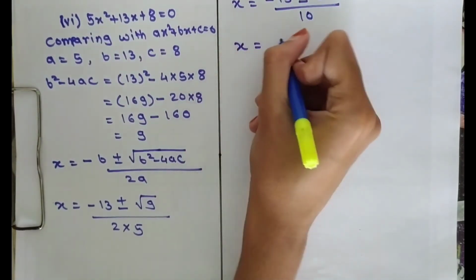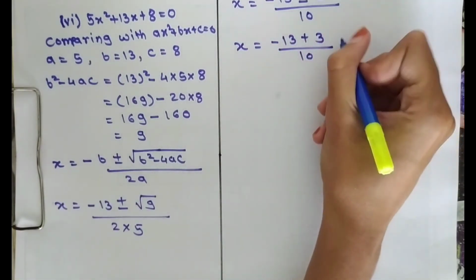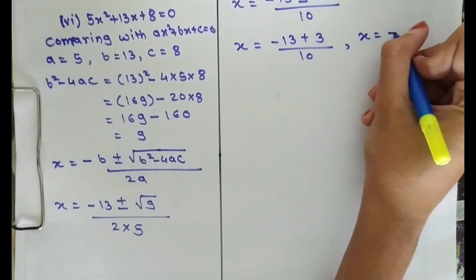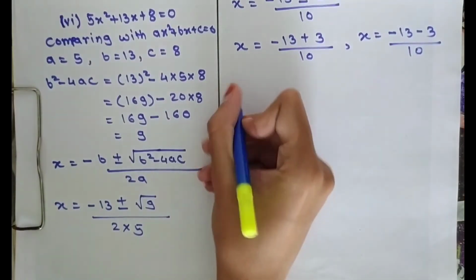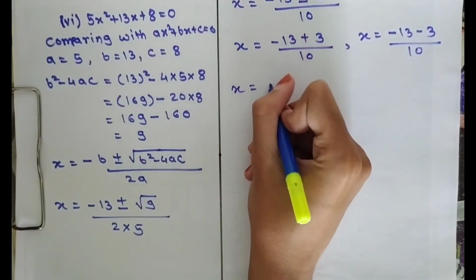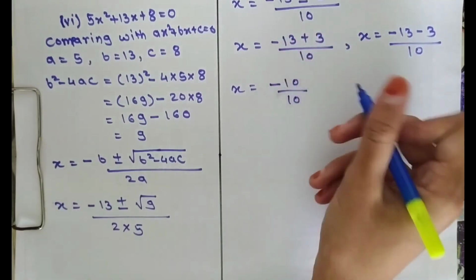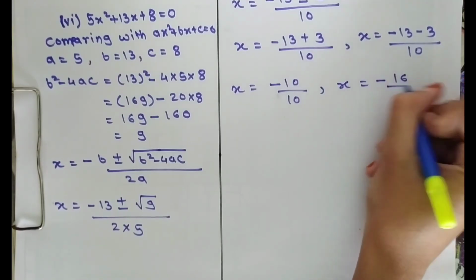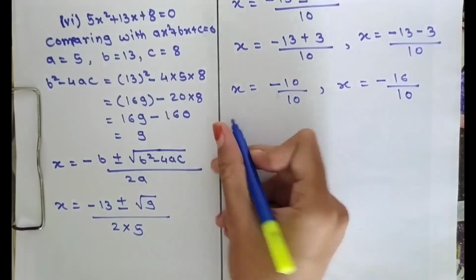So x is equal to minus 13 plus 3 upon 10 and x is equal to minus 13 minus 3 upon 10. Now x is equal to minus 10 upon 10, minus 13 plus 3 is minus 10, and x is equal to minus 16 upon 10, minus minus plus, so minus 16 upon 10.